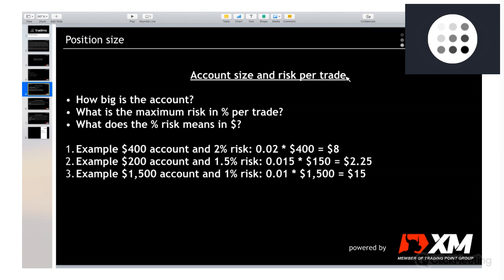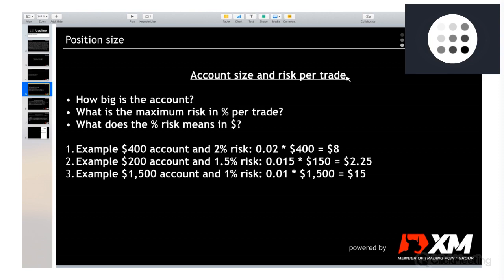The first one: imagine you have an account with $400 and you want to risk 2% per trade. Then you have to calculate 0.02, which represents the 2%, times $400, which makes $8.